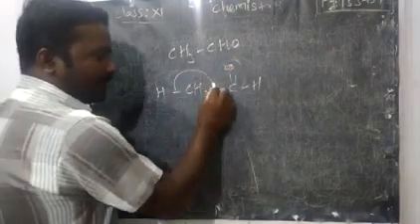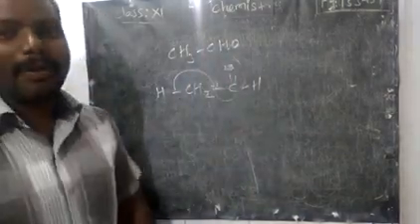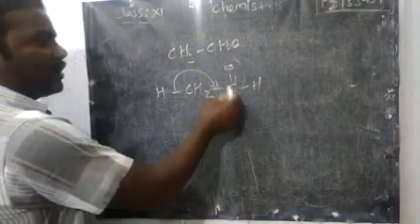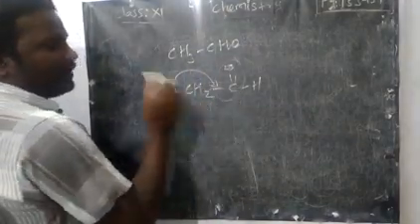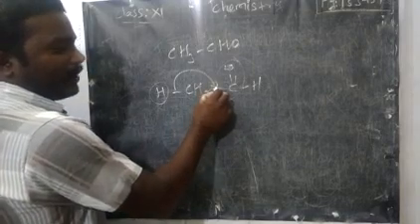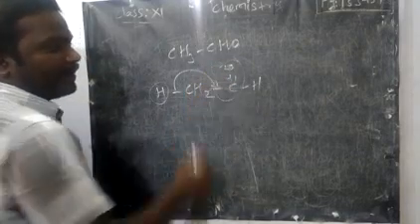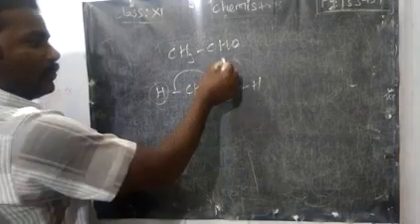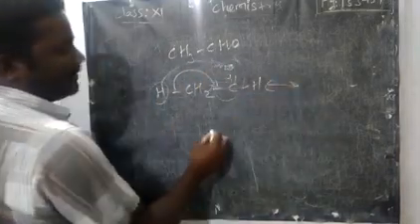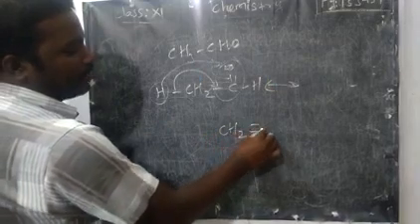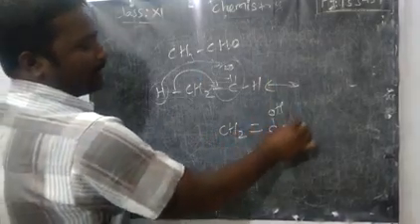Now this bond will migrate like this. It will form a double bond between CH2 and C, right? Then this hydrogen, what will happen? When the double bond is formed, that bond will migrate towards the oxygen. So O minus, this hydrogen will add. So you will get another form, CH2 double bond COH.